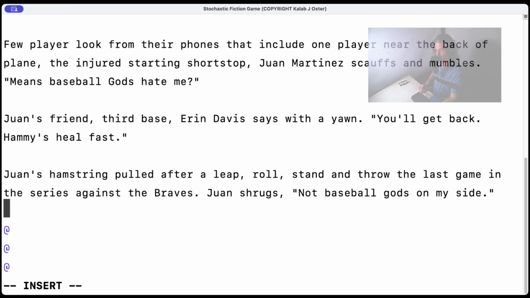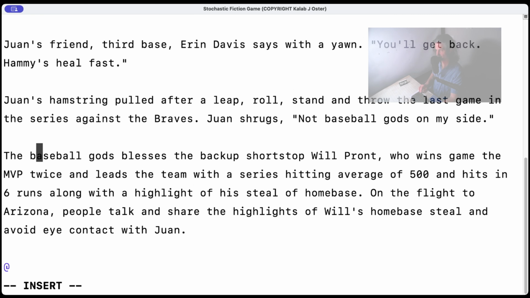Juan's hamstring pulled after a leap, roll, stand, and throw the last game in the series against the Braves. Juan shrugs. "No baseball gods on my side." The baseball gods bless the backup shortstop Will Prompt, who wins game MVP twice and leads the team with a series hitting average of .500 and hits in 6 runs, along with a highlight steal of home base.